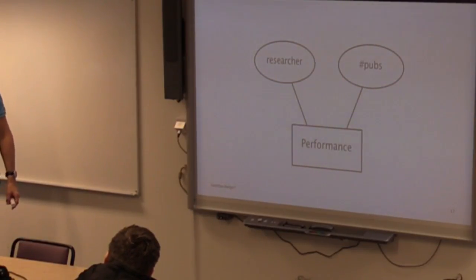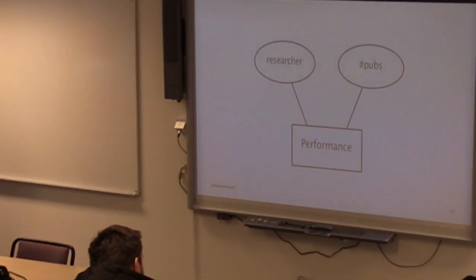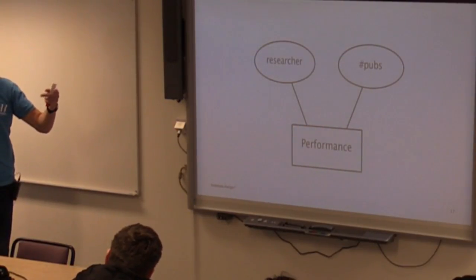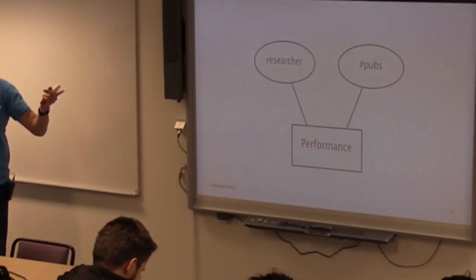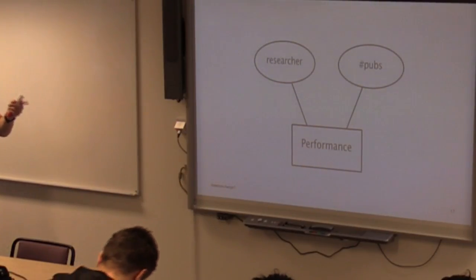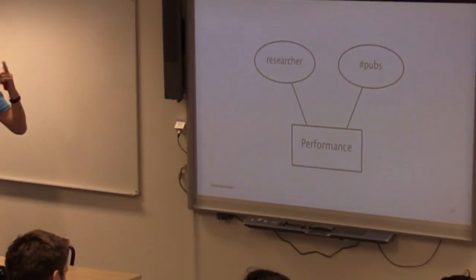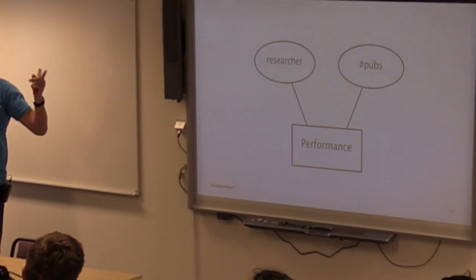But don't think in those terms yet. We are on a conceptual level here. If you want to, you can think in terms of classes, because then you have a class named performance, and you have a few attributes here, or properties, such as the researchers and the published ID, and probably a bit more.